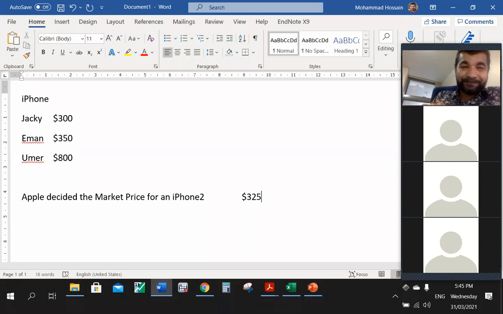It's going cheaper. So your happiness from the iPhone in terms of price value will be around $475. You're happy up to $475, and that's your consumer surplus.